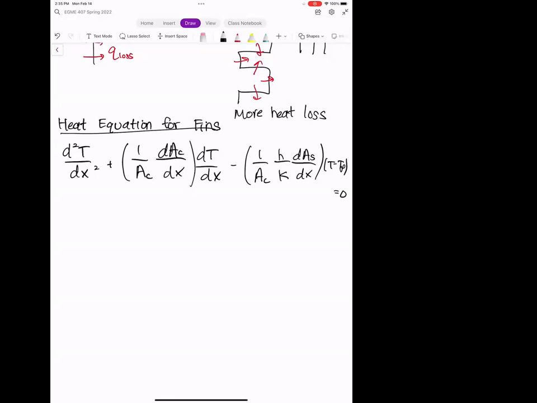That was the equation we were starting with, where we made the assumption that we can cross out this term. The reason we could cancel this term was that we were assuming the cross-sectional area was constant.